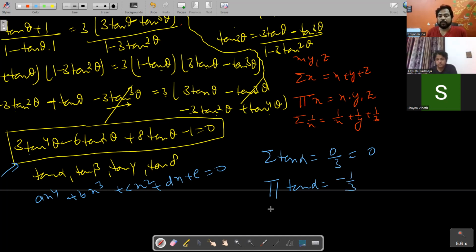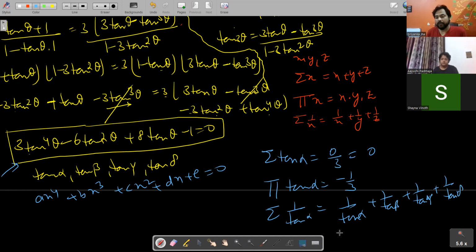Now in the end, the summation of 1 by tan alpha. So it is 1 by tan alpha, 1 by tan beta, 1 by tan gamma, and 1 by tan delta. You can take the LCM: tan alpha, tan beta, tan gamma, tan delta.